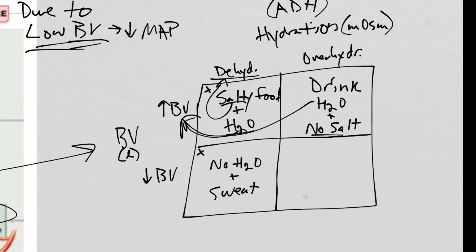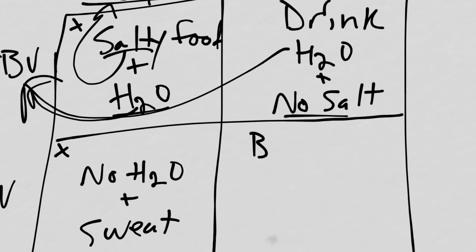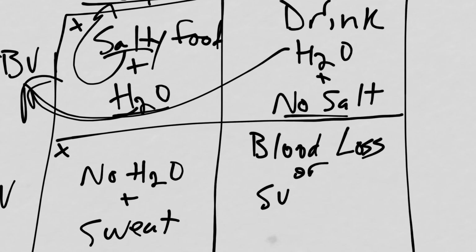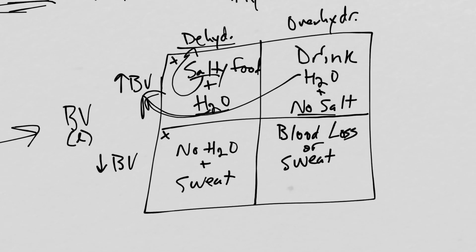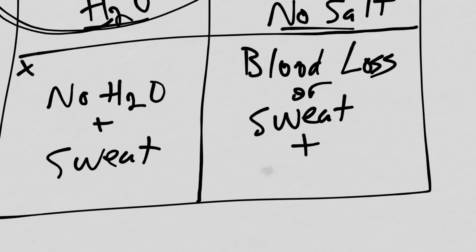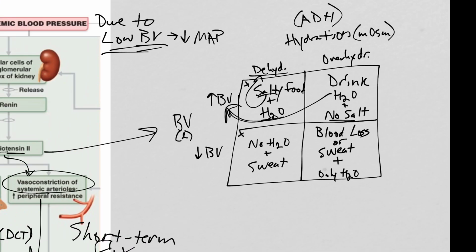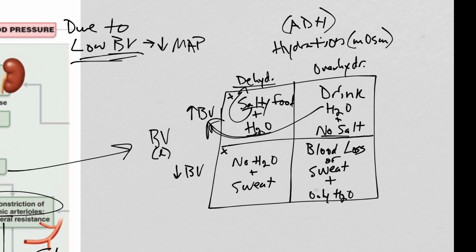Okay. The lower right-hand one is a bit more strange. Overhydrated and low blood volume. This really only happens when you have either blood loss or you sweat a lot. Like imagine somebody running a really long race, and then you only take back some fluid, but not quite enough fluid to get your blood volume up to homeostasis.